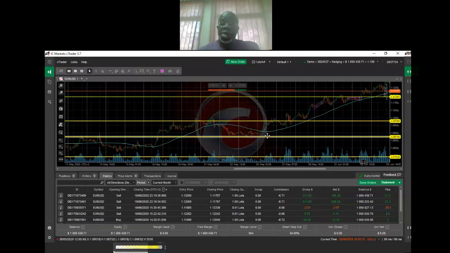Remember, the support and resistance is normally a zone, not necessarily a line. So this point here becomes your significant point where you need to enter your trades, about the same time, 25th of May.